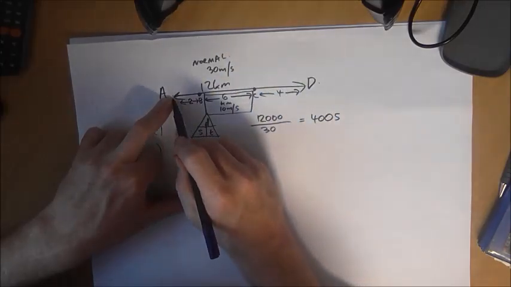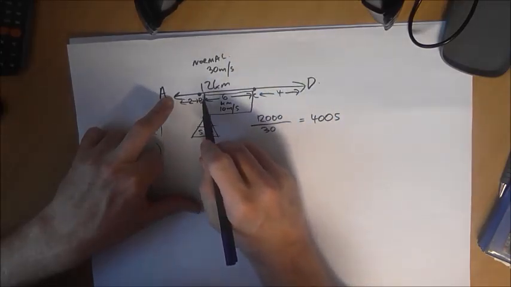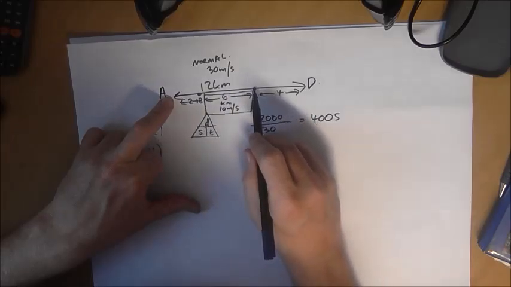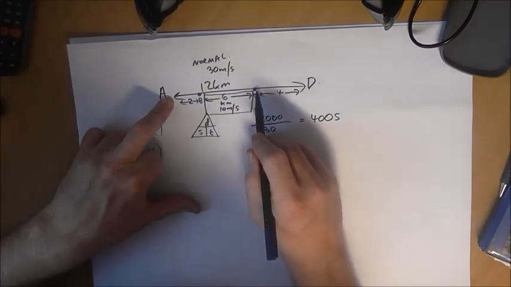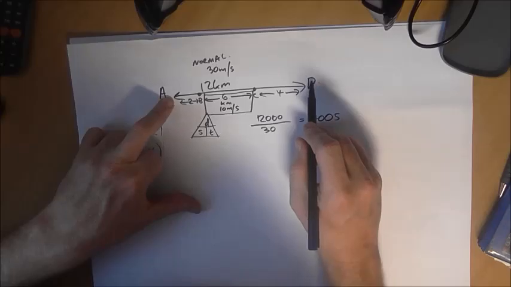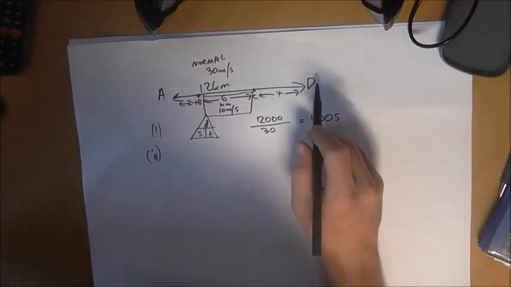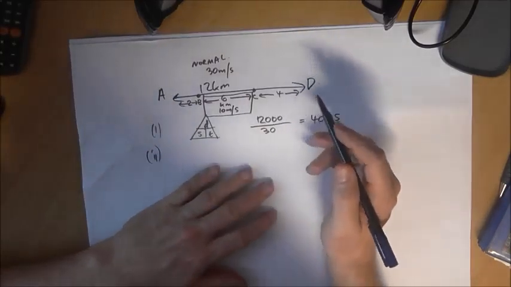It decelerates in order to be going at 10 meters per second at B. Then it does its thing at 10 meters per second, and then it accelerates uniformly again, so that by the time it gets to D, it's at 30 meters per second.